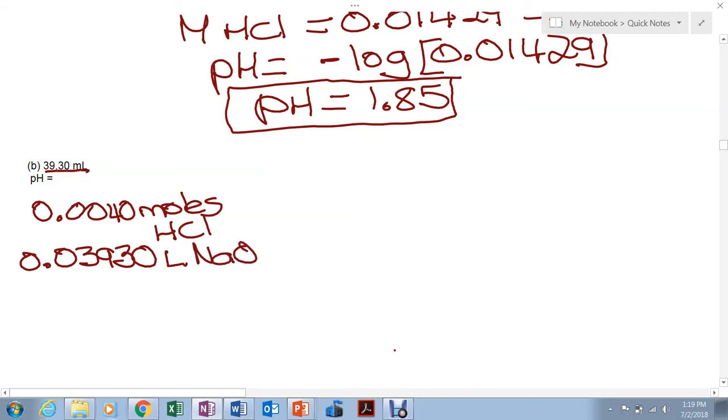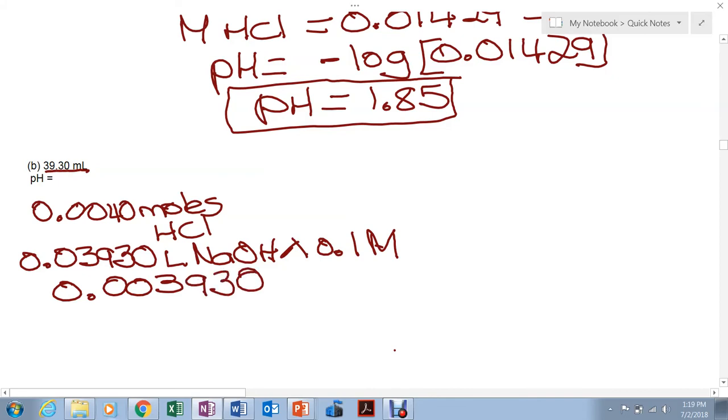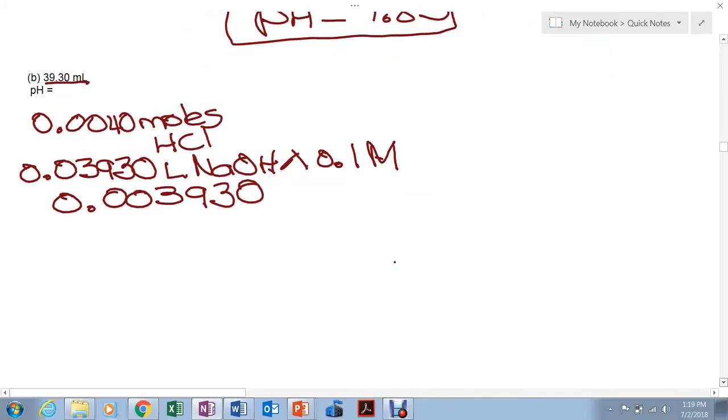Now you multiply by the molarity, 0.1 moles per liter, equals 0.003930 moles. So let's do the equation and the number of moles we want to see.